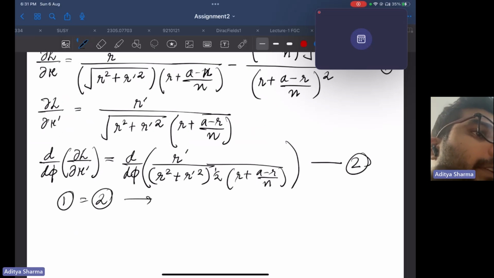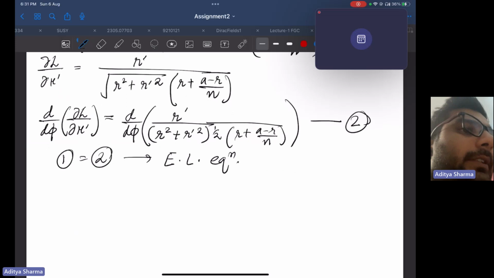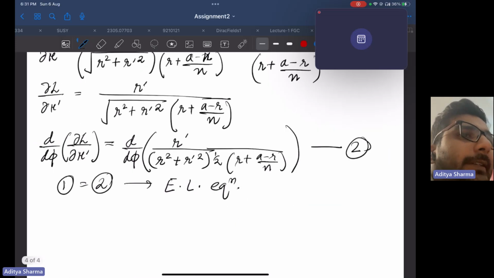This is the Euler-Lagrange equation. And then we have to solve this equation. This is quite a tedious job, but we know the trick.